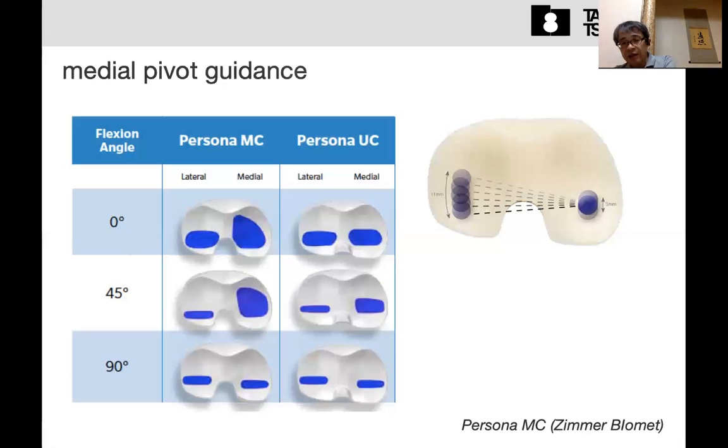That can restrict both anterior and posterior translation due to the capture of the convex shape of the polyethylene. So in this component, rollback never occurs, and the contact point is very, very stable, and at the same time, maybe this can be a disadvantage regarding deeper postoperative flexion.